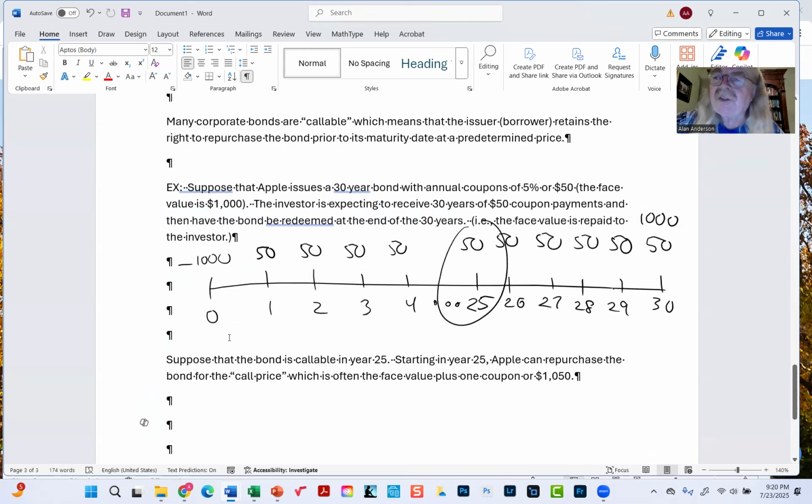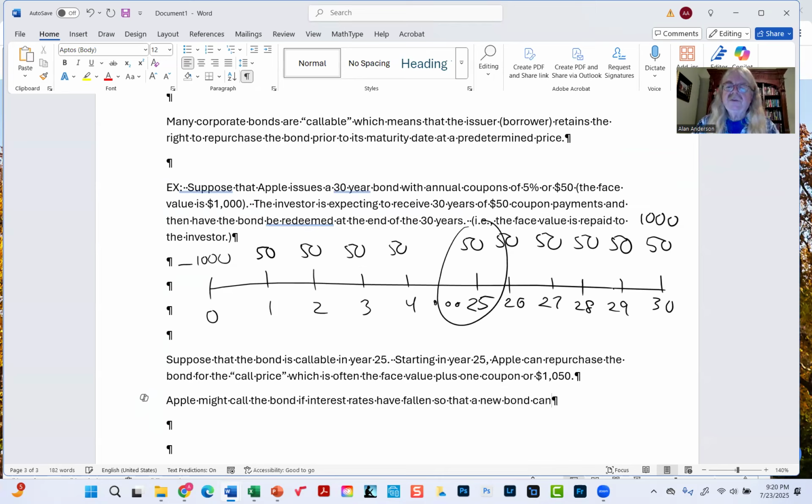So you have to ask yourself why the company would actually do this. Apple might call the bond if interest rates have fallen so that a new bond can be issued with, let's say, a $30 coupon.